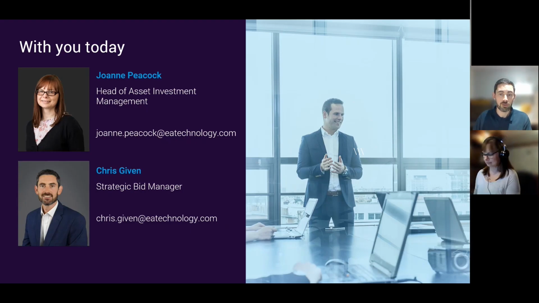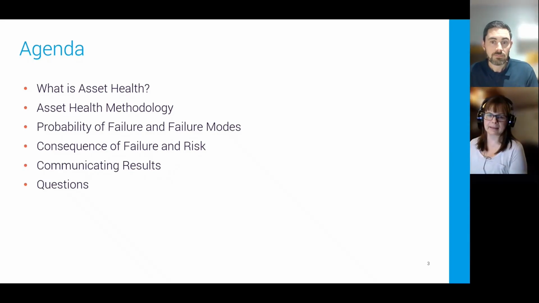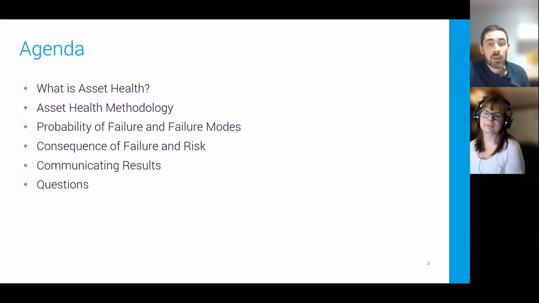Okay, so just a quick look at the agenda for today's session. We'll be exploring asset health, as the title suggests, in the context of the Common Network Asset Indices methodology, which is used by the electricity distribution network operators here in Great Britain.